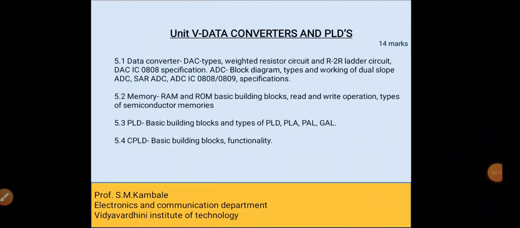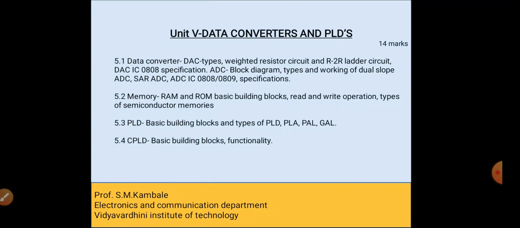Now the last chapter, that is the last unit, data converters and PLDs, which contains 14 marks. In the data converter there is the DAC. DAC means data conversion from digital to analog, that is digital to analog converter. There are various types of digital to analog converter like the weighted resistor circuit and the R2R ladder circuit.